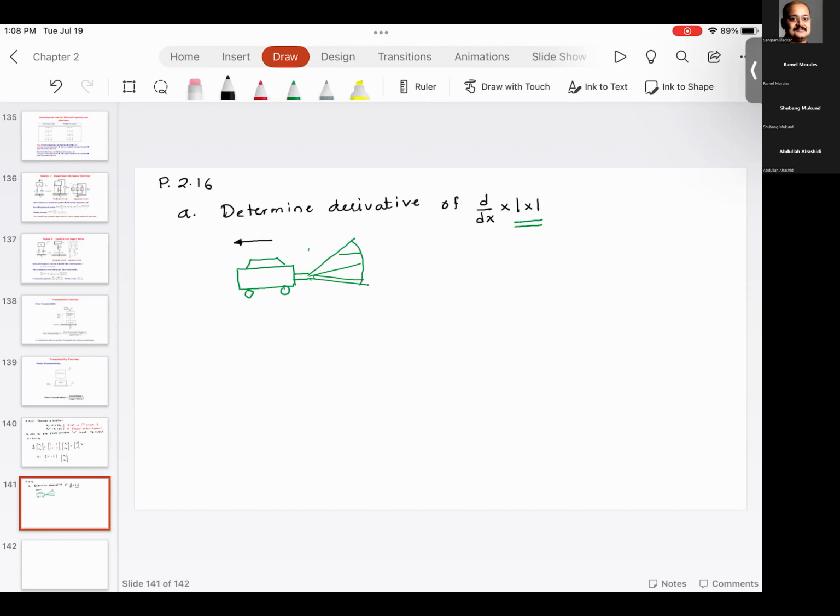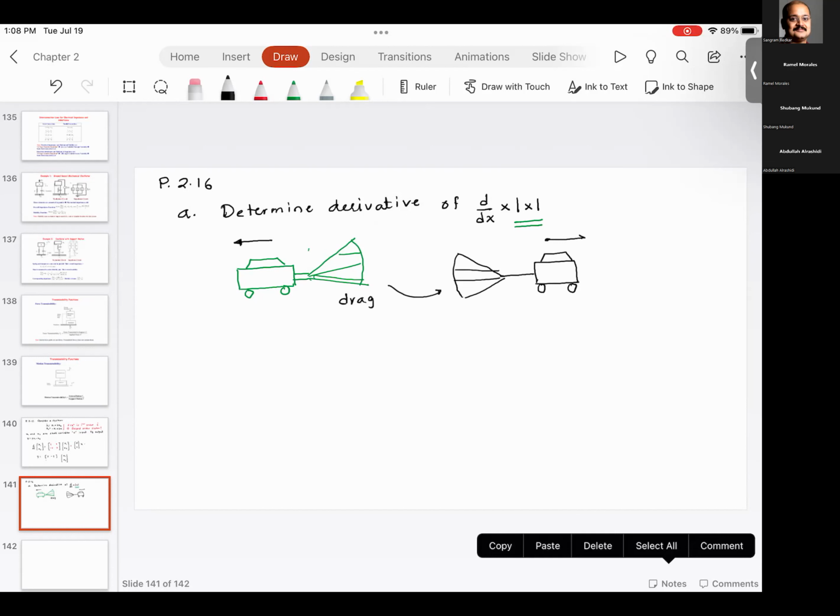Now I want you to visualize the second scenario wherein this car goes in this direction. Clearly the parachute would inflate in this direction. So what that means is the drag force on the parachute is always going to be opposite to the direction of motion.